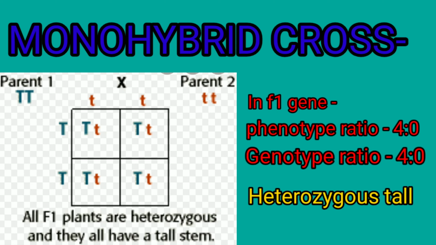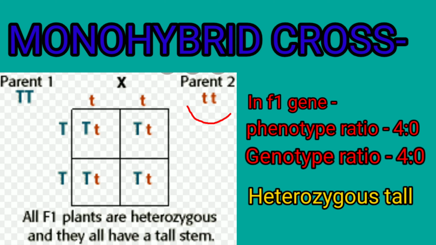Now the monohybrid cross. Monohybrid is when we take only one character of the plant. I already discussed the monohybrid cross in an earlier video. You can check the I button also. In this slide parent 1 is pure tall and parent 2 is pure dwarf.